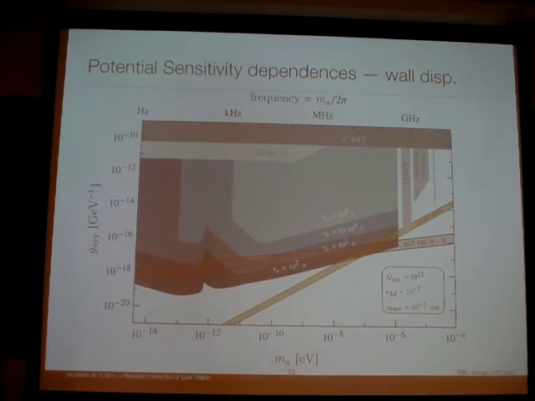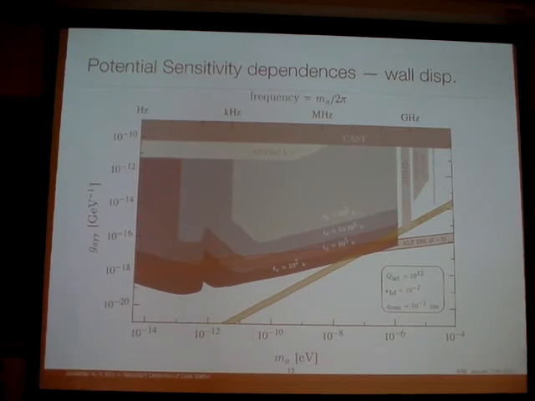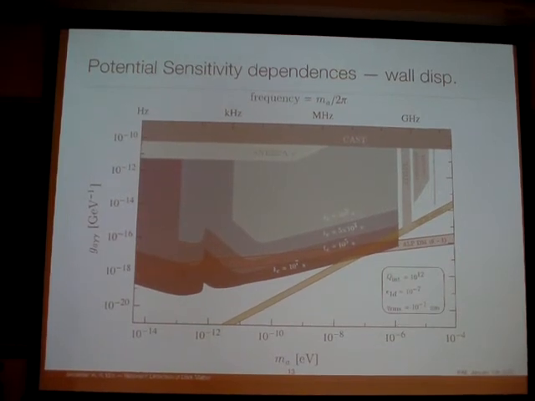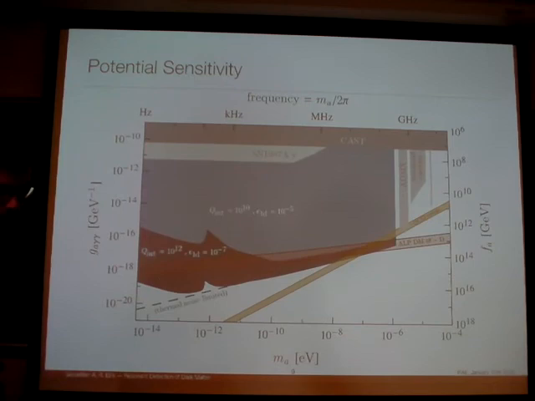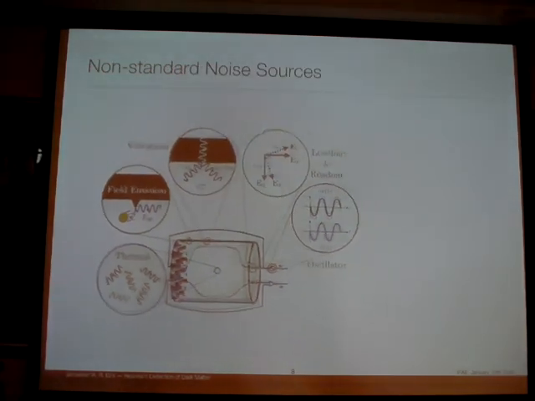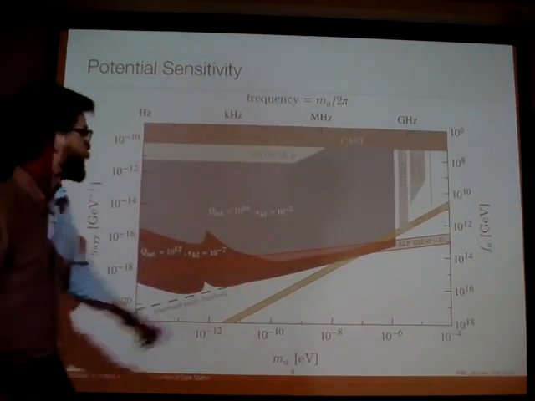The coupling between a hidden photon and Maxwell. Right. So it's analogous to what we had on your y-axis. Yeah, that's the coupling. This one.